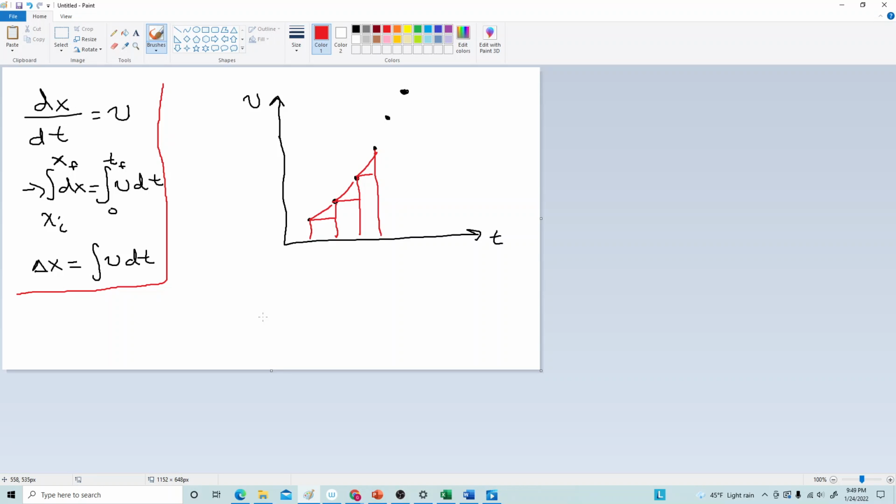And so one way to do it is to look at your first point and draw a horizontal line to your second point, and then draw these shapes. One is going to be a rectangle, and the other is a triangle, and you add up these two areas, and that gives you your first approximation.